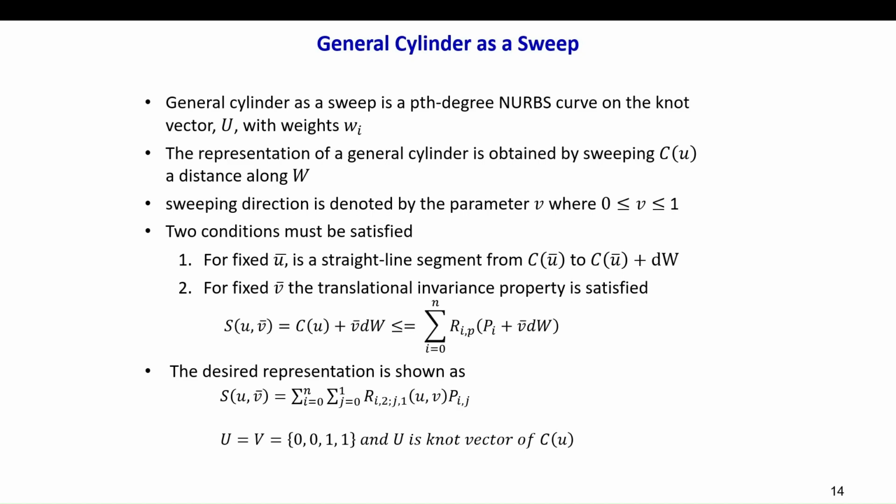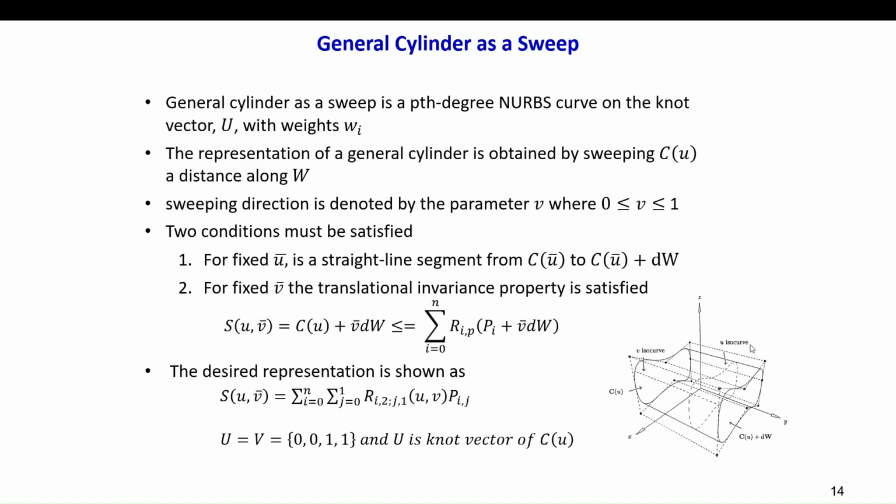For a fixed u-bar, a straight line segment from C(u) to C(u) plus dw. For fixed v, the translational invariance property is satisfied with the equation below. The desired representation is shown as the equation below, where u and v are within the ranges 0, 0, 1, 1, and the u naught vector is of C(u).